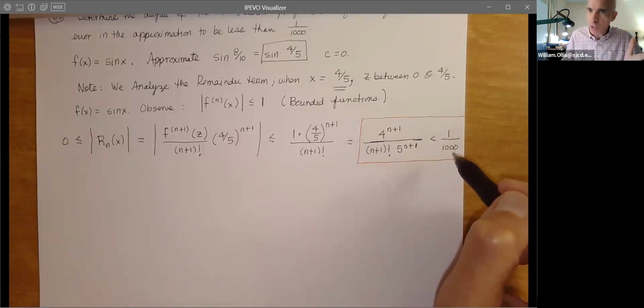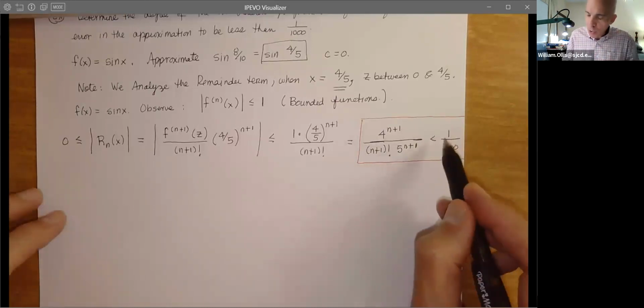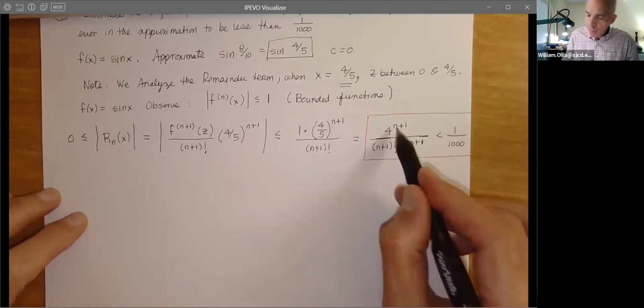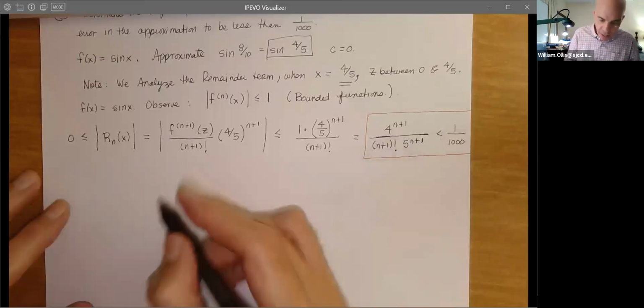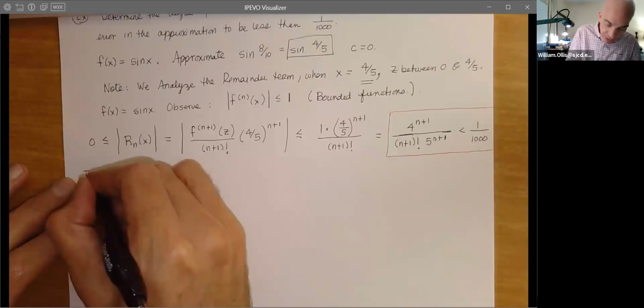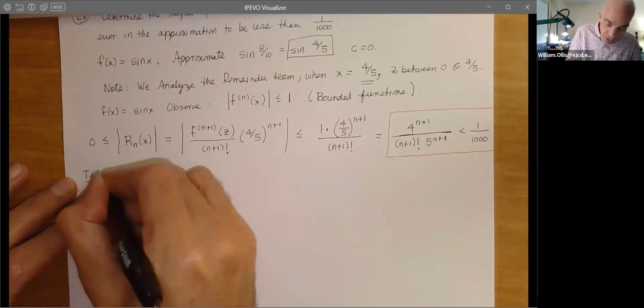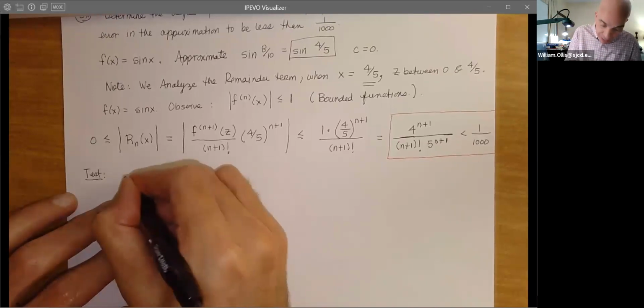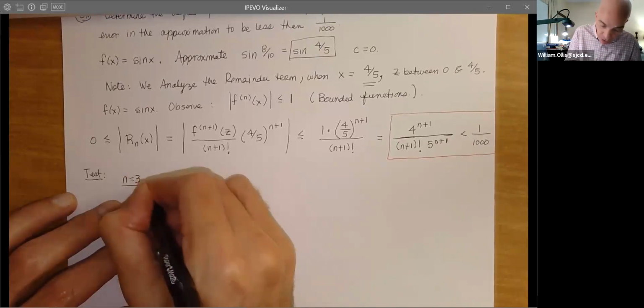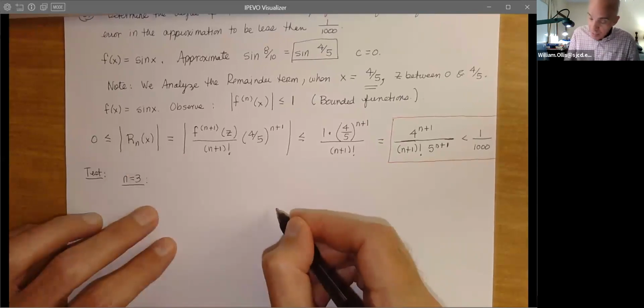We don't want to overshoot it. We just want to get the first one that will work. So in this case, I'm going to start out with n equal 3 and test. Basically what we want to do is test values of n, or degrees of the polynomial. So we'll take n equal 3 and just see what this gives us.